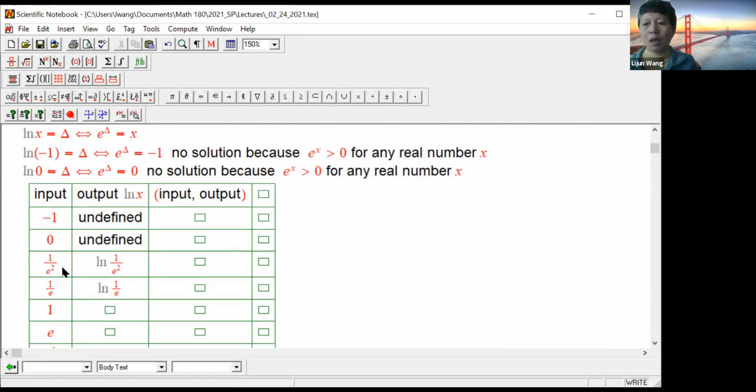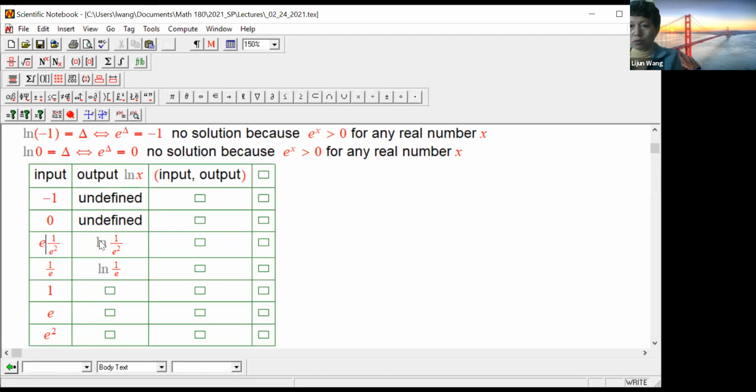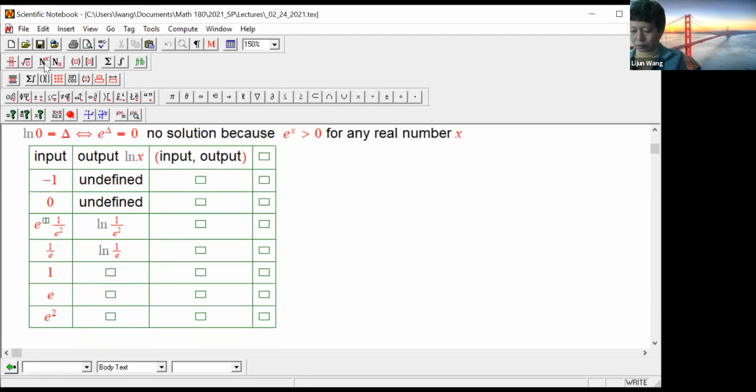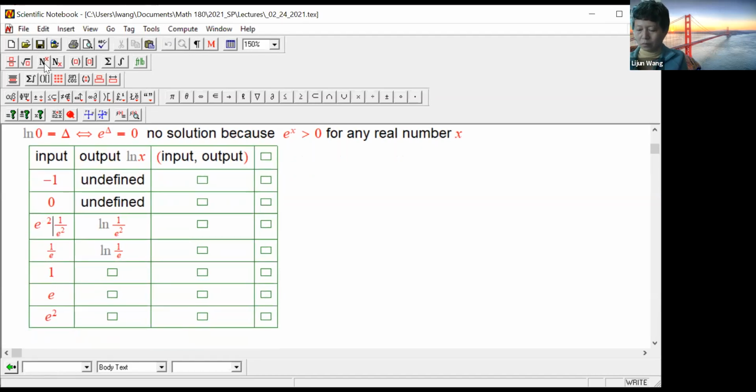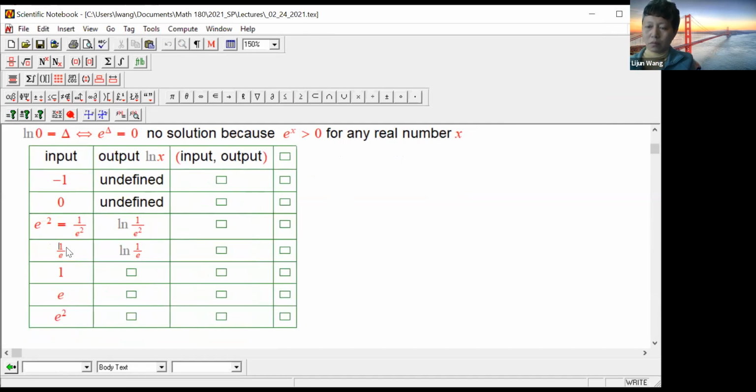How about 1 over e to the power of 2? This is the e to the power negative 2 I meant to give you. What is the output?